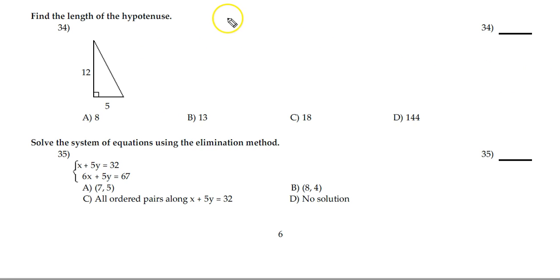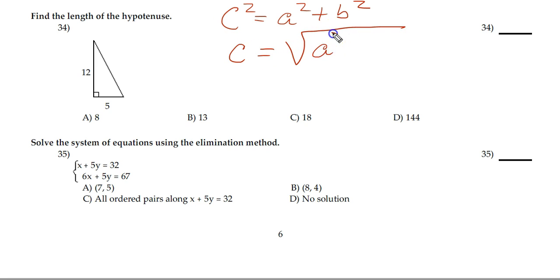So here we're using the Pythagorean theorem, c squared equals a squared plus b squared. And if we solve for c, we get c equals the square root of a squared plus b squared. So now we just substitute.